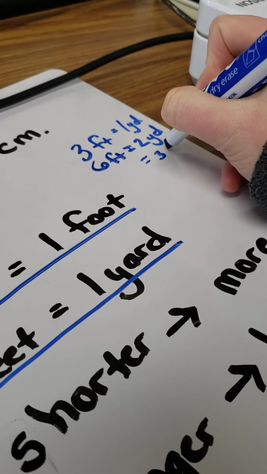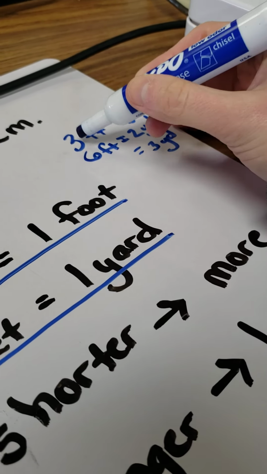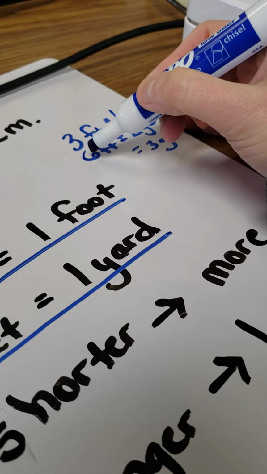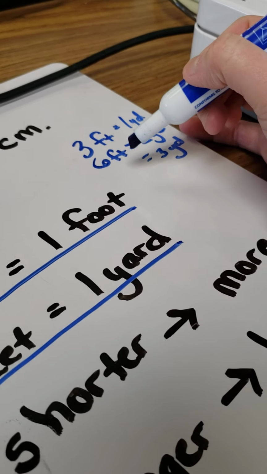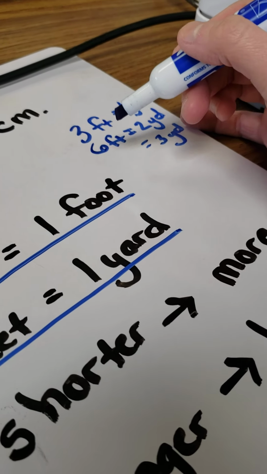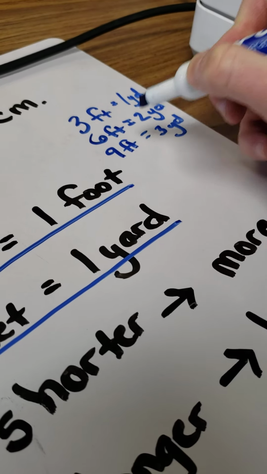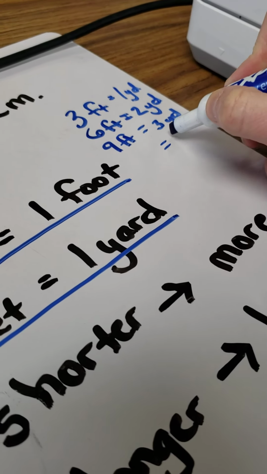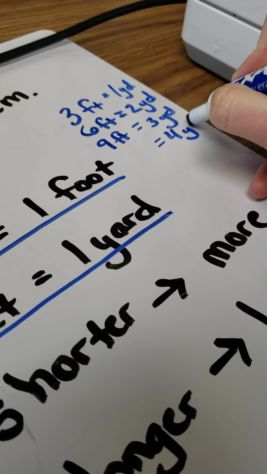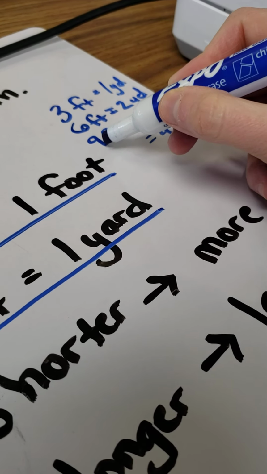If I had 3 yards, that would be 3 plus 3, which is 6, plus 3 more. 6 plus 3 equals 9 feet. And then if I have 4 yards, I'm going to add 3 more to 9.